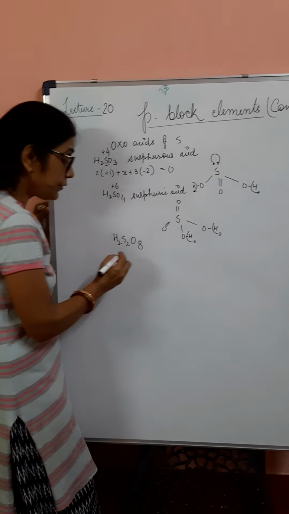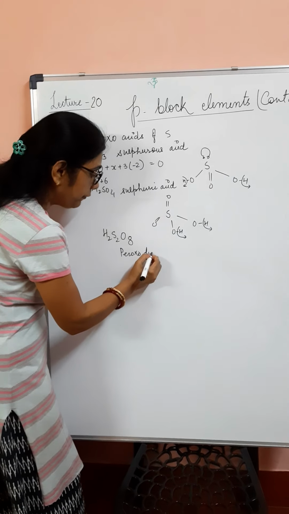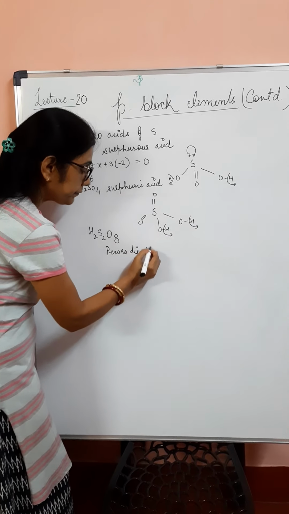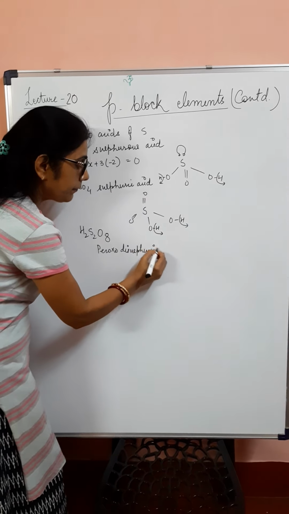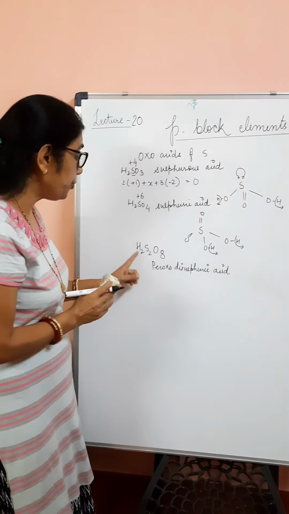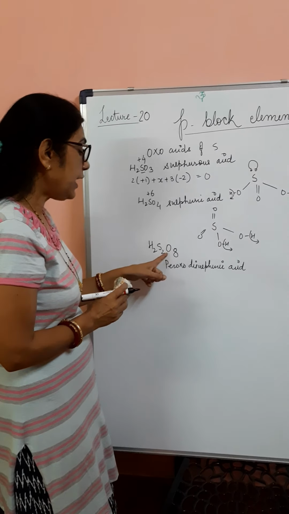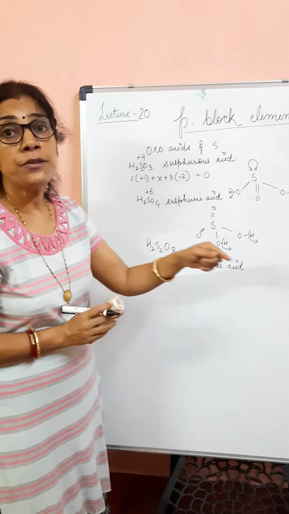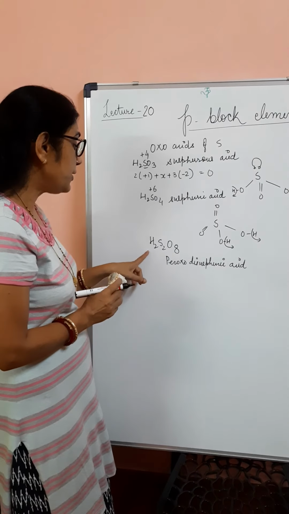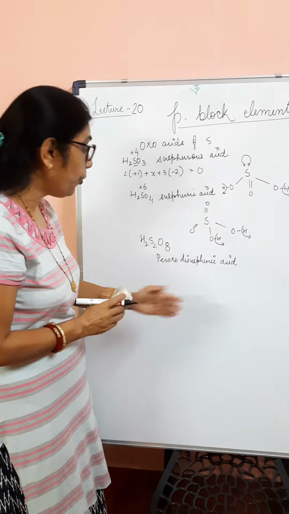Next is H2S2O8 and it is known as peroxo disulfuric acid. And when you calculate the oxidation number of H2S2O8 by conventional method, now you can see here that oxygen 8 it is. So minus 2 into 8, this side it is plus 2 and 2x. So it's going to exceed, it's going to be more than 6.